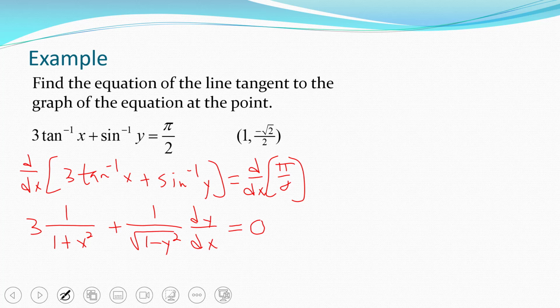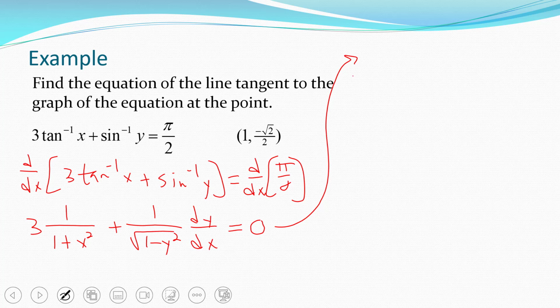Now, don't feel compelled to solve for dy dx, because we don't care. We don't care what the derivative is in general. We want to know what it is only at this point. So I would just right away plug in x is 1 and y is the square root of 2 over 2. I'll just carry that work up here.